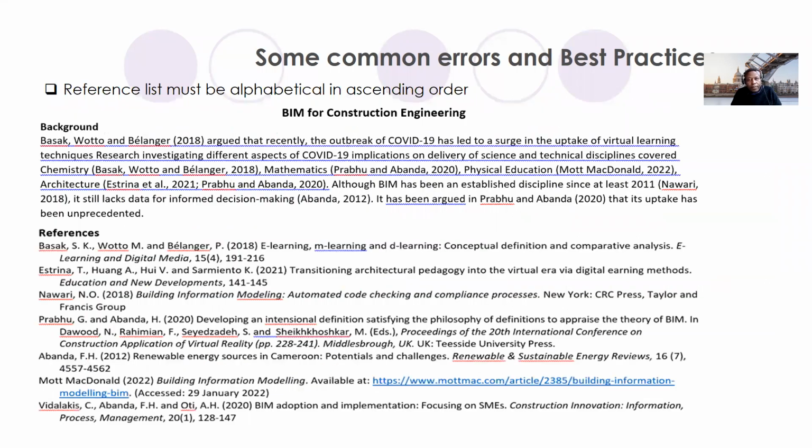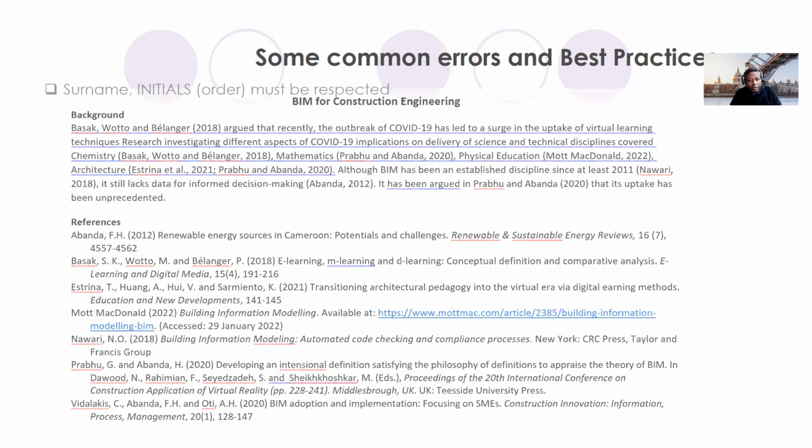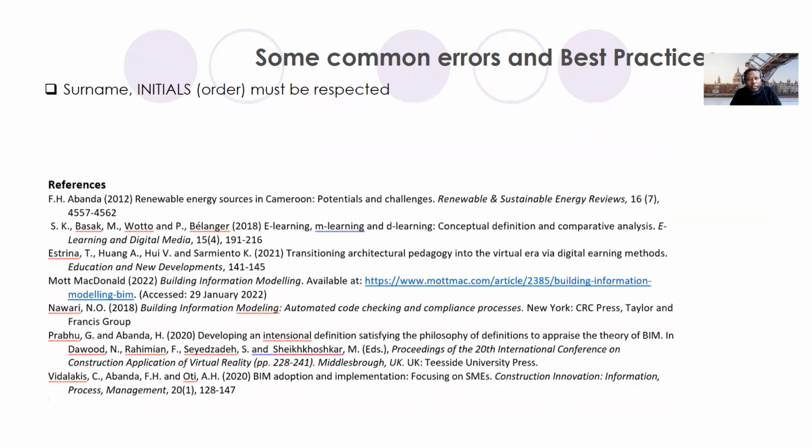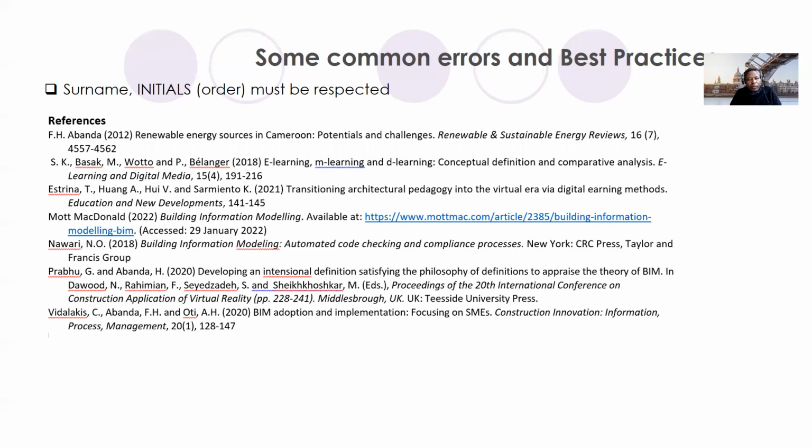Again, the reference list must be alphabetical. This one is not in alphabetical order, so it's wrong. The correct one is this. Now, surname initials order must be respected. If you look at this, you have brought the initials in front.